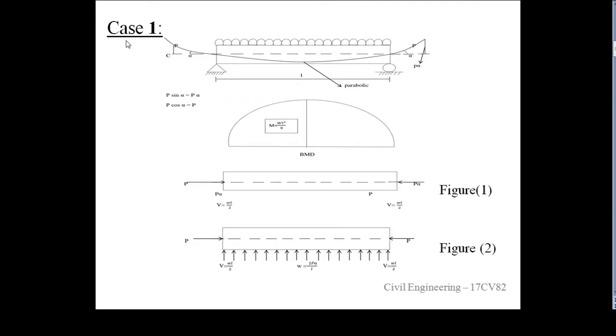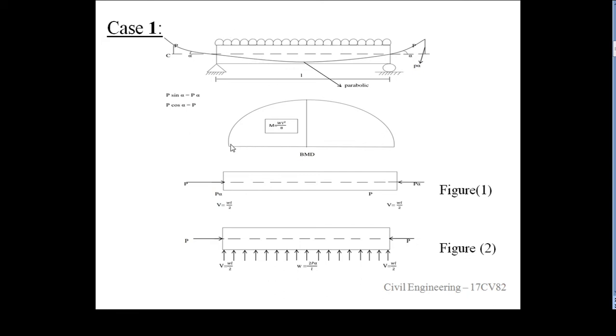This is case 1. We are considering a uniformly distributed load on a beam, with P acting at the end of the beam. In that, this is the position of the parabola. We are providing parabolic cables in it. Why? Because this is a UDL.